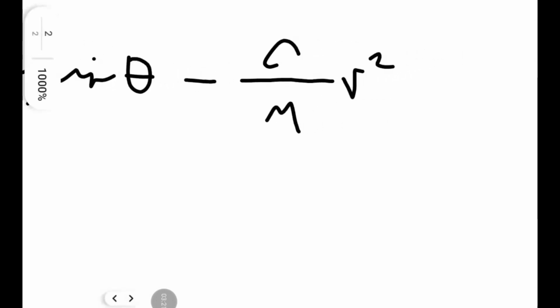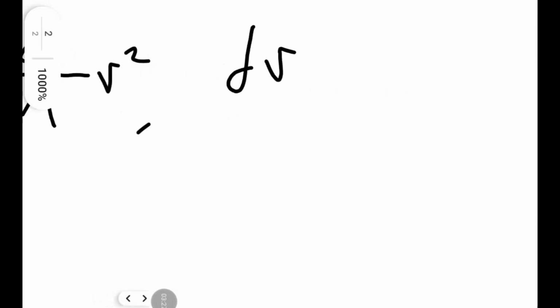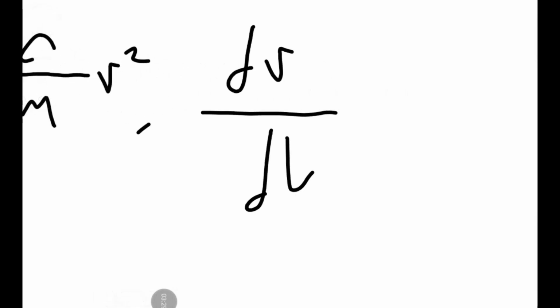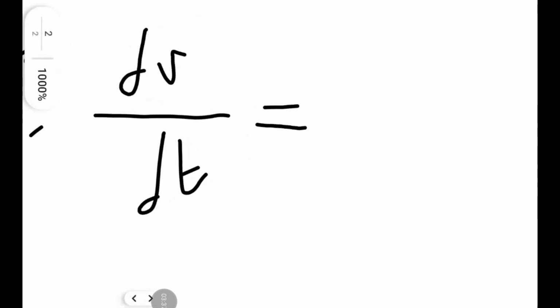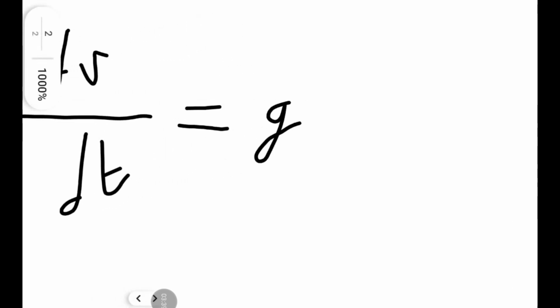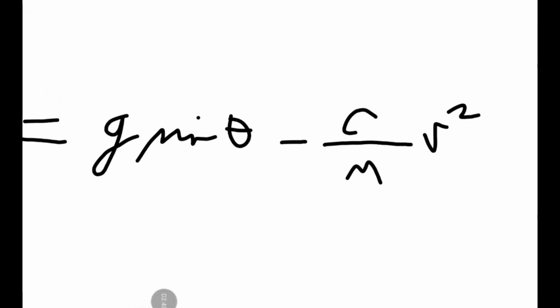Now we want to write it in this format: acceleration is equal to dv by dt, the derivative of velocity with time, is equal to, again, g sine of theta minus c over m times v squared.